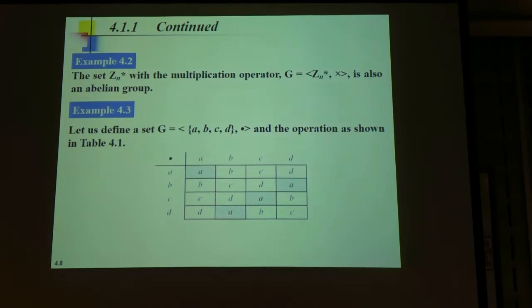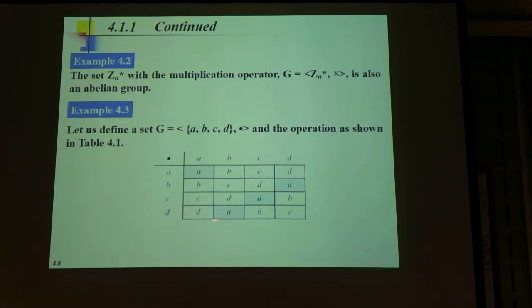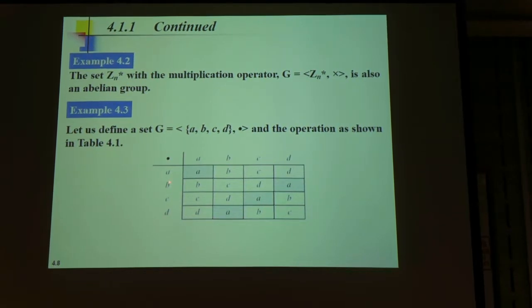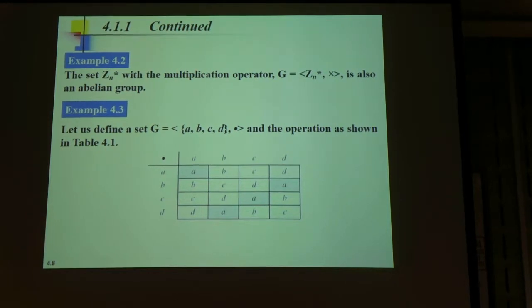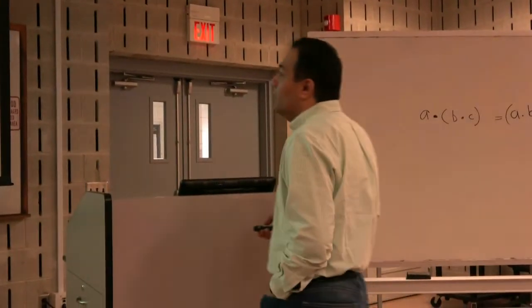C. What is the inverse of B? D. If you try it here also, B with D gave you A, right? Alright, so we have the inverse. So all the conditions are there.